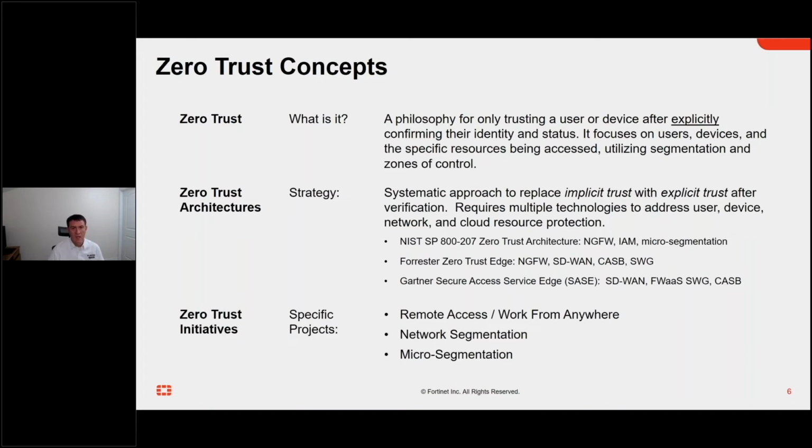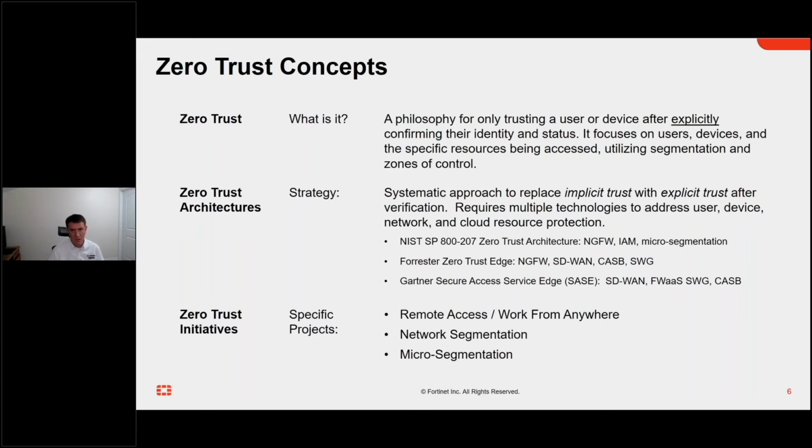And so what we find is that it's best to have some initiatives to start implementing zero trust. Zero trust is, to use the cliche, a journey. It takes a while to get there, and if you try to do it all at once, you're likely going to fail or you're going to have a lot of problems getting there that will reduce its effectiveness. And so it's a good idea to start with some projects.